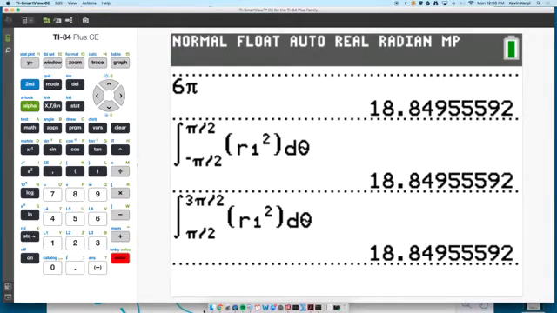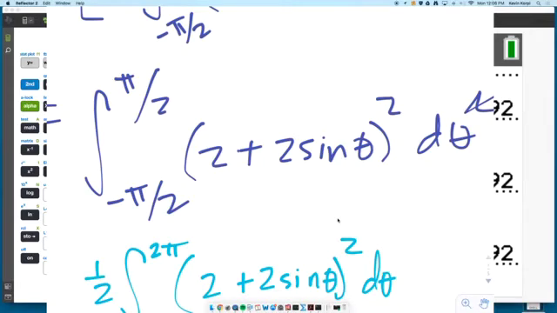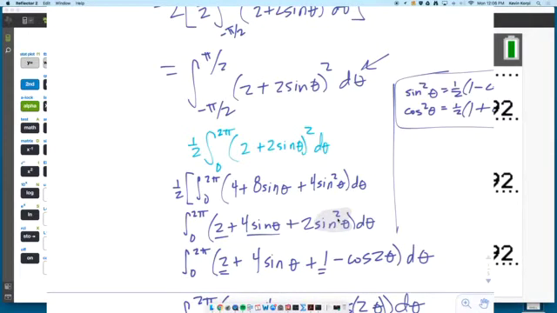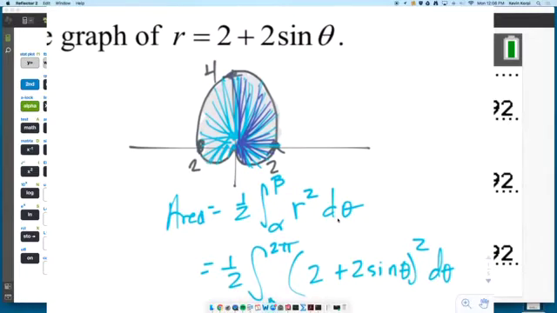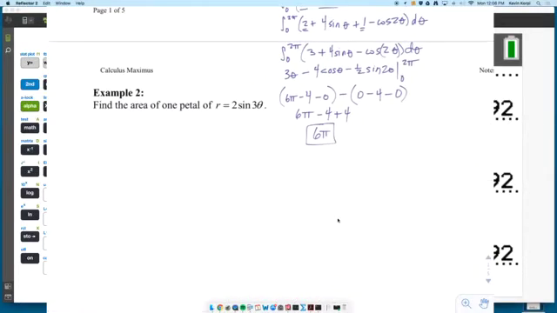The key is for you to at least find one interval that works and then go to the calculator with the 3-decimal approximation, or if it's one of those ones where you have to actually evaluate it, you're going to need the power reducing identity. All right, any questions on that one? 1/2 r squared d theta.